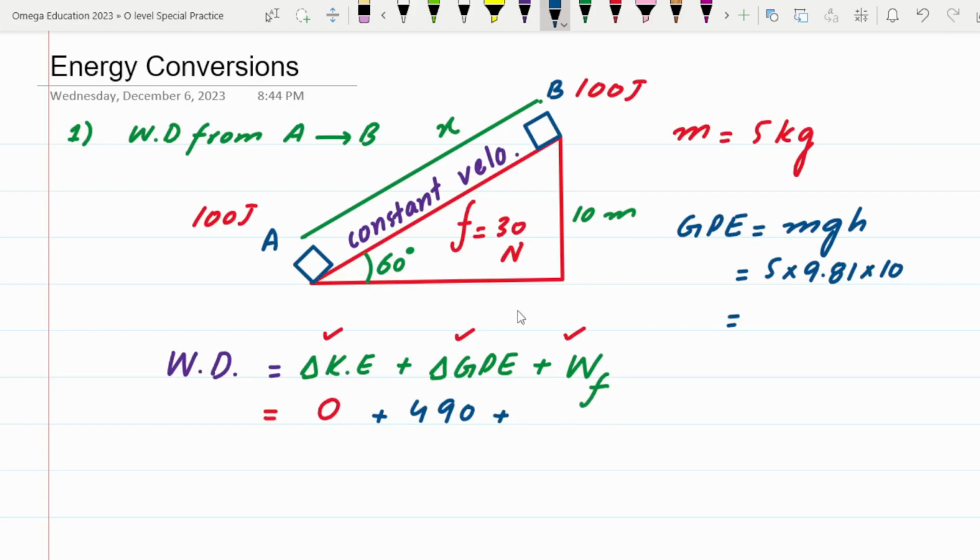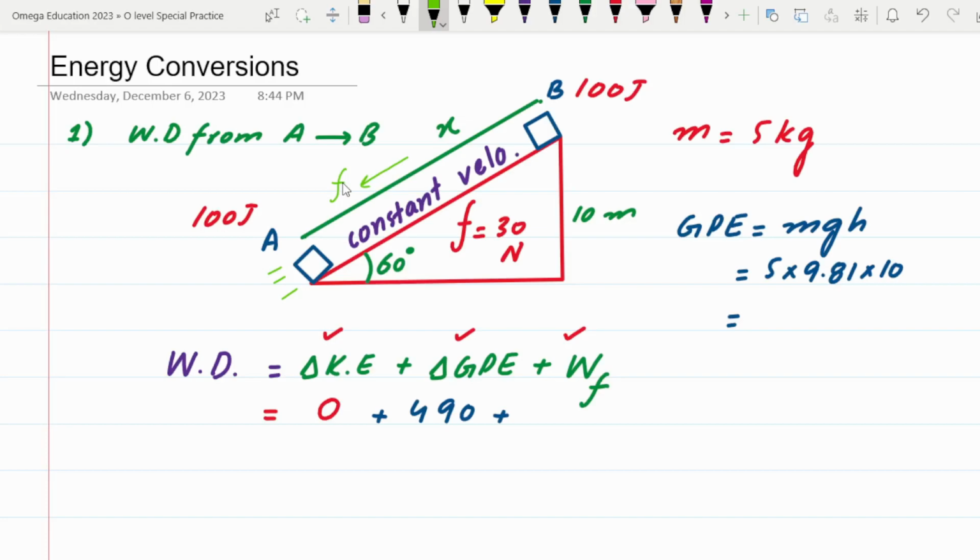Now let's find out the work done against the friction. So the friction force, if the block is moving upward, like this, then the friction force would be in this direction. And if we know the distance along the line of force, we can find the work done against the friction.